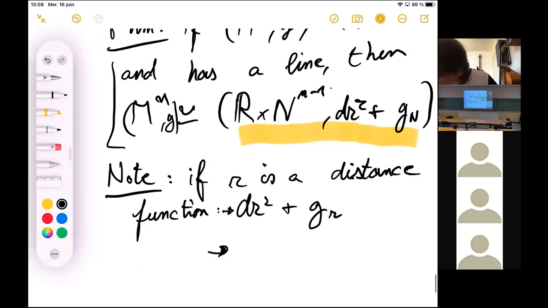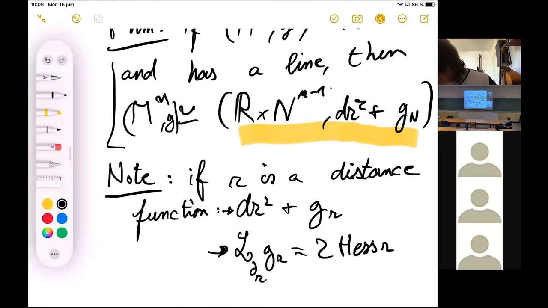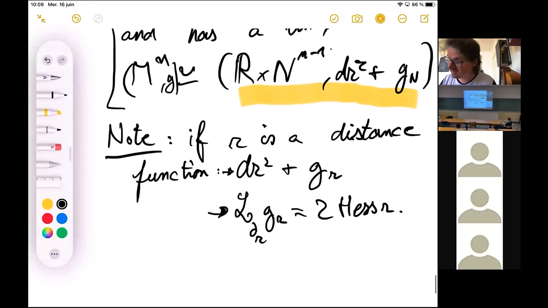And we saw that the Lie derivative of those metrics on the hypersurfaces is equal to twice the Hessian of the distance function.